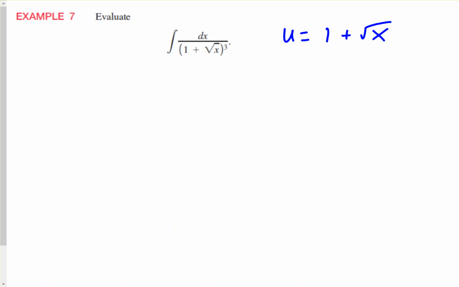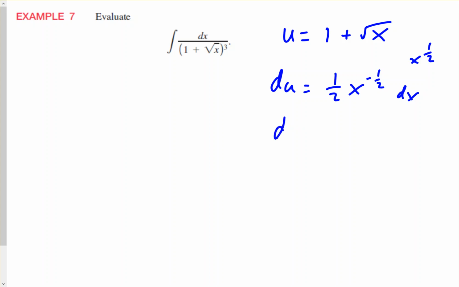If that's the case, then du would be, well, derivative of 1 is 0. Derivative of x to the 1/2, right? Because this is like x to the 1/2. That becomes 1/2 x to -1/2 dx.